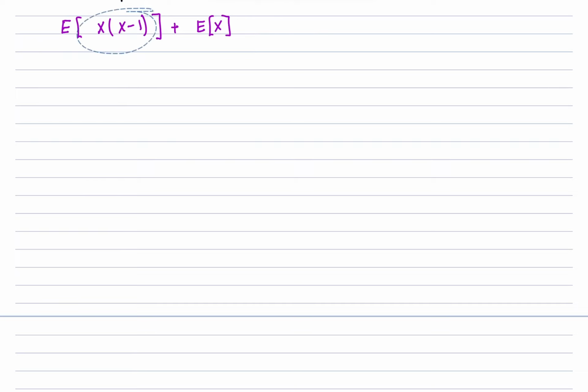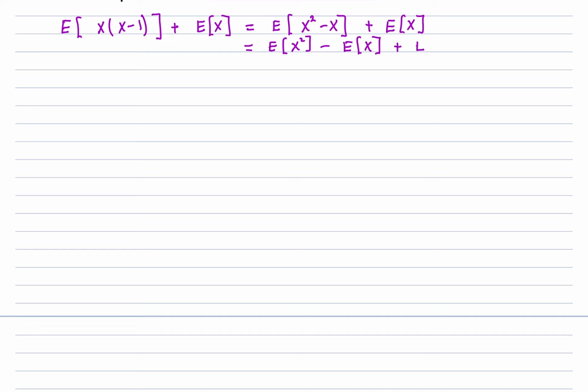And the way I can do that is first by expanding the brackets in the first term. So that would become X squared minus X plus E, expected value of X. Then because of the properties of expectation, the expectation of the subtraction of two terms you can think of as the expectation of the first term minus the expectation of the second term.